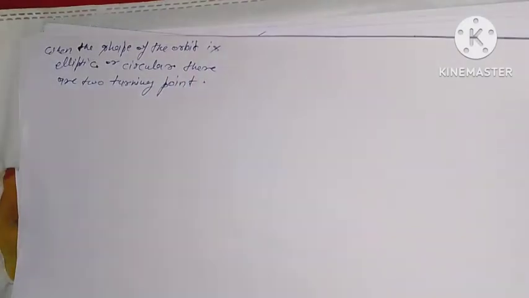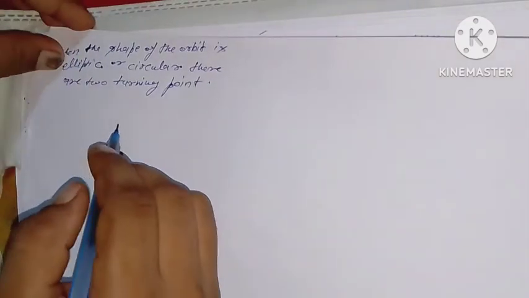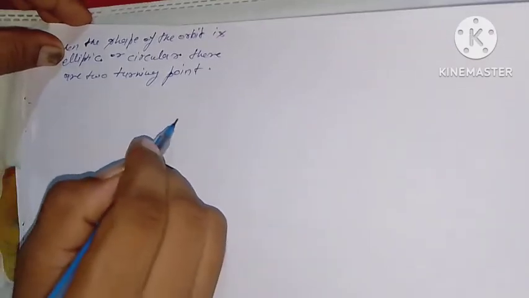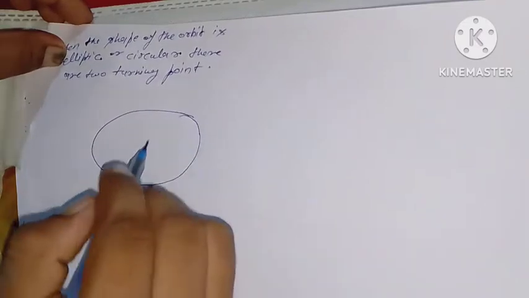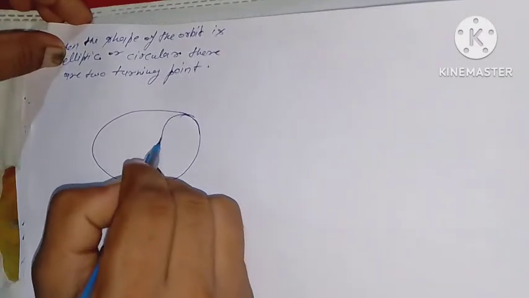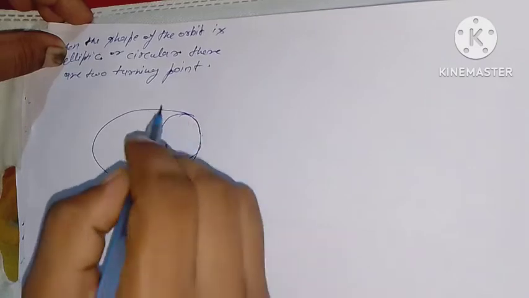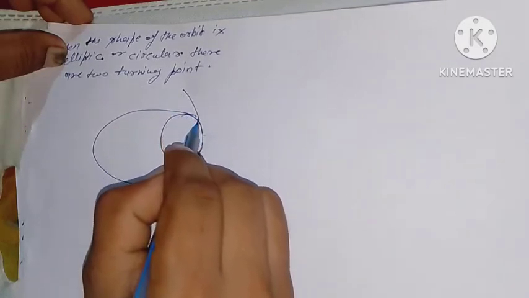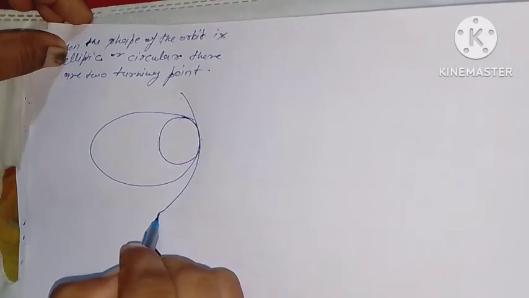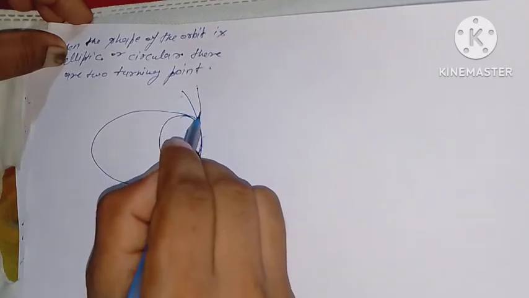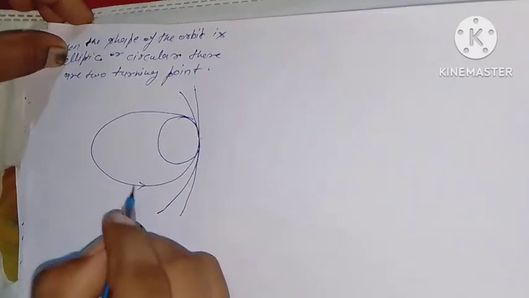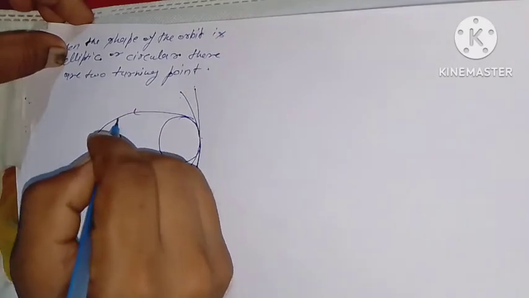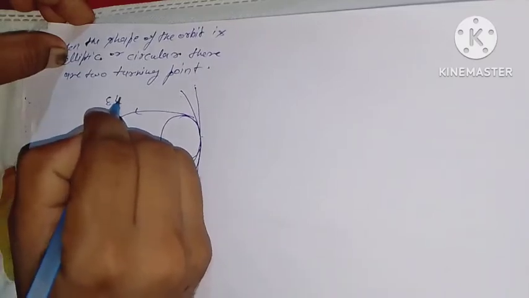And we will see the figure. The figure is like this, and this figure is like this, and this is moving in the direction, epsilon is less than 1.